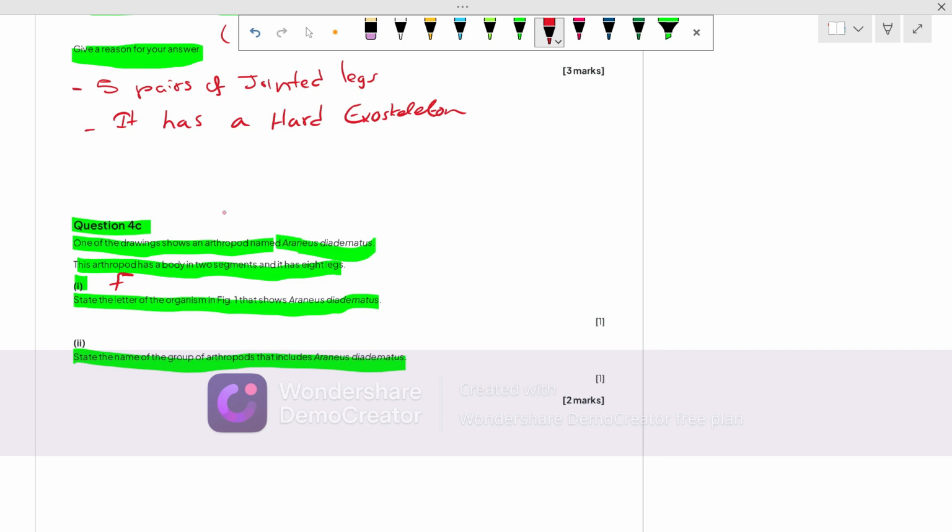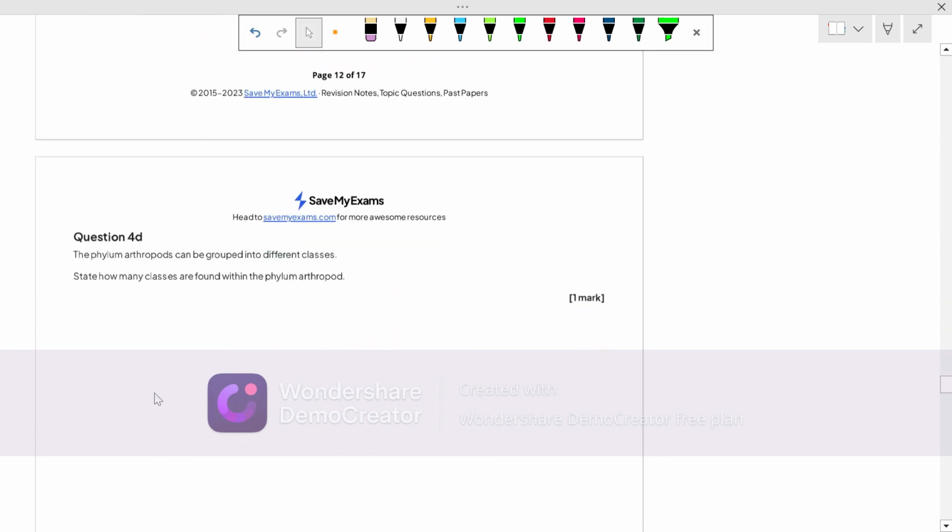The answer to this question is F. The answer to the next question, say the name of the group that includes Araneus diadematus, is arachnids. 1 mark for this, 1 mark for this, 2 marks achieved. Let's move on to the next question.